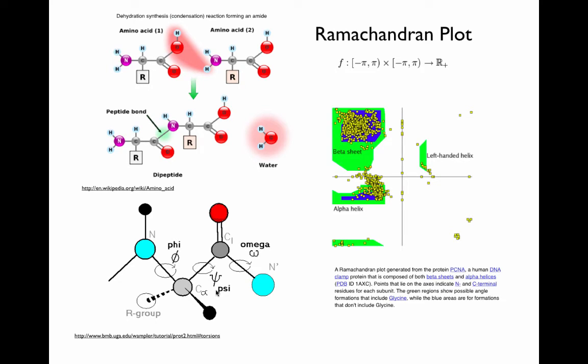Because of their side chains and the way the bond is made, they're a steric hindrance, so there's only so many angles these can assume. So the phi and psi angles are very important for this, and you can only have so many phi and psi angles, and this translates to secondary structure, where you have a beta-pleated sheet. These are these angles, an alpha helix or a left-handed helix. That's all that can happen.